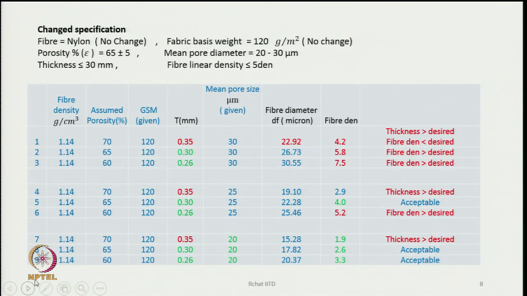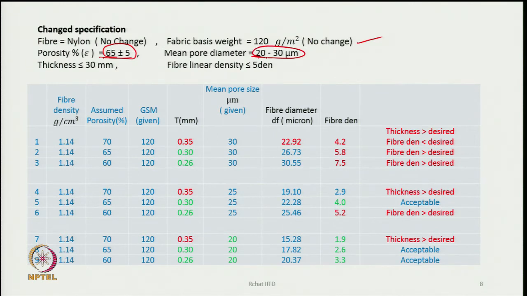Now, sometimes we may need to slightly modify the specification or requirements. Let us say basis weight has no change. We say that porosity should be in this range, 65 plus minus 5, not necessarily exactly 70. Pore diameter can be in this range.